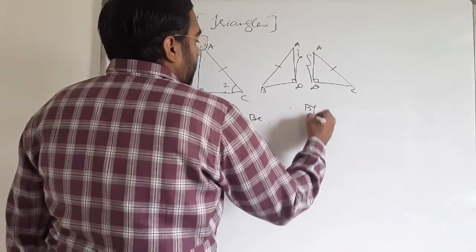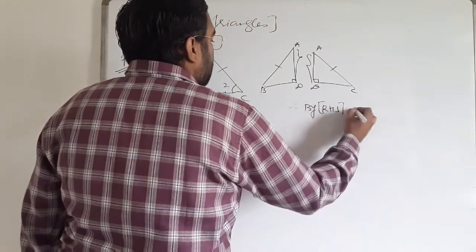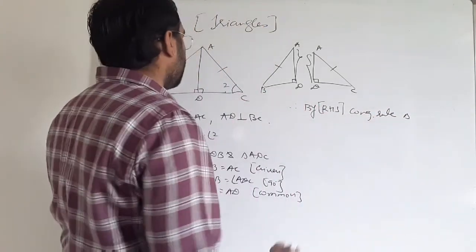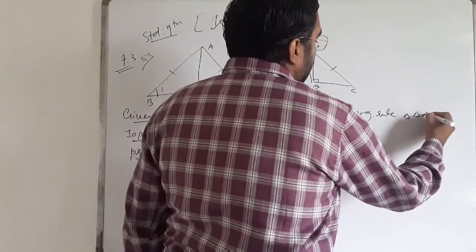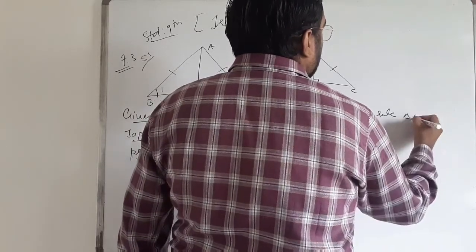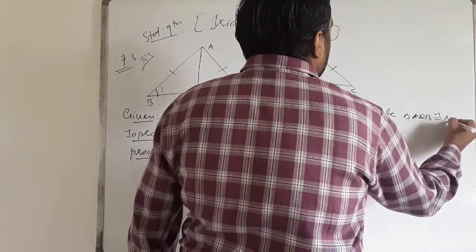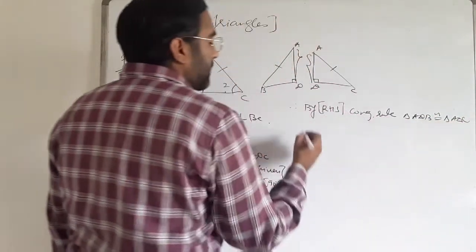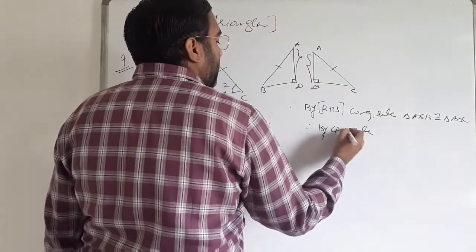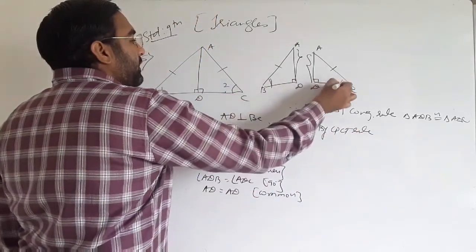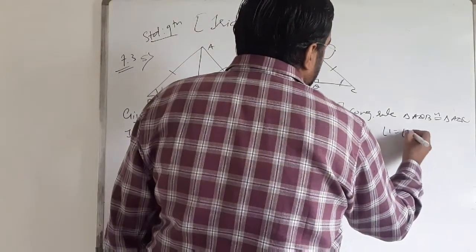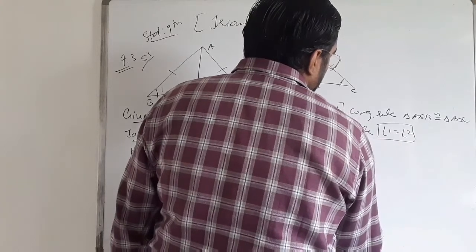Therefore by RHS congruency rule, triangle ADB is congruent to triangle ADC. Therefore by CPCT rule, this angle and this angle are equal, corresponding parts of congruent triangles are equal. So therefore angle 1 is equal to angle 2, hence proved.